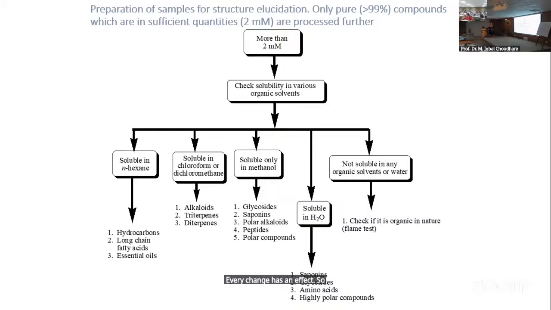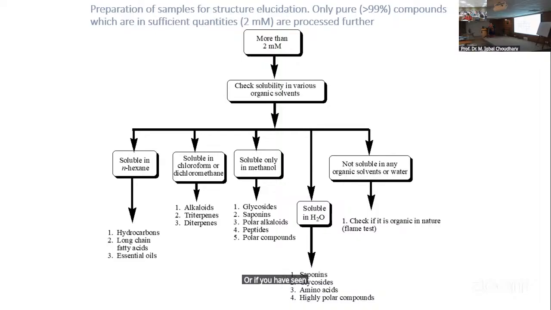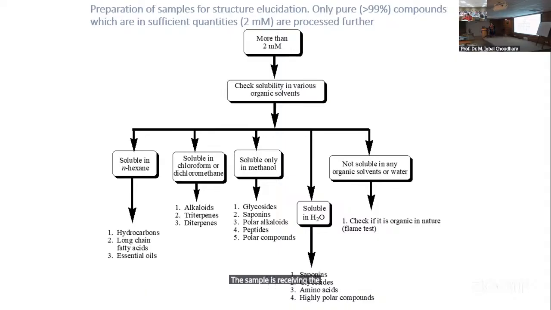Since you are giving the radio frequency, you may notice that whenever you go to the NMR lab, or if you have seen in your spectra, there are dummy scans, right? We do dummy scans because we want to stabilize our sample. During these dummy scans the sample is receiving the radio frequency, but nothing is recorded, because we would like to stabilize the frequency.